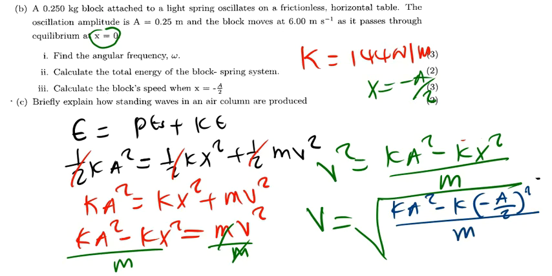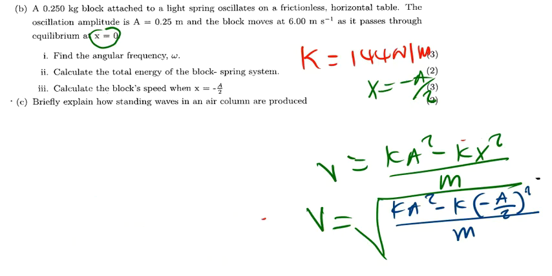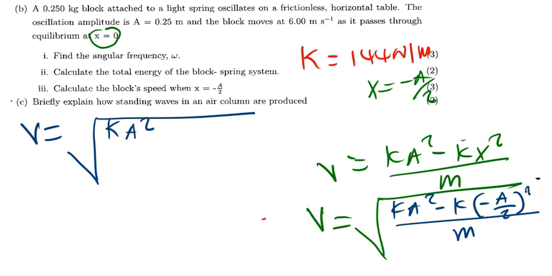Negative and negative will give us positive, meaning the speed will be equal to the root of Ka squared plus Ka squared over 2 squared, which is 4, then everything again divided by m.